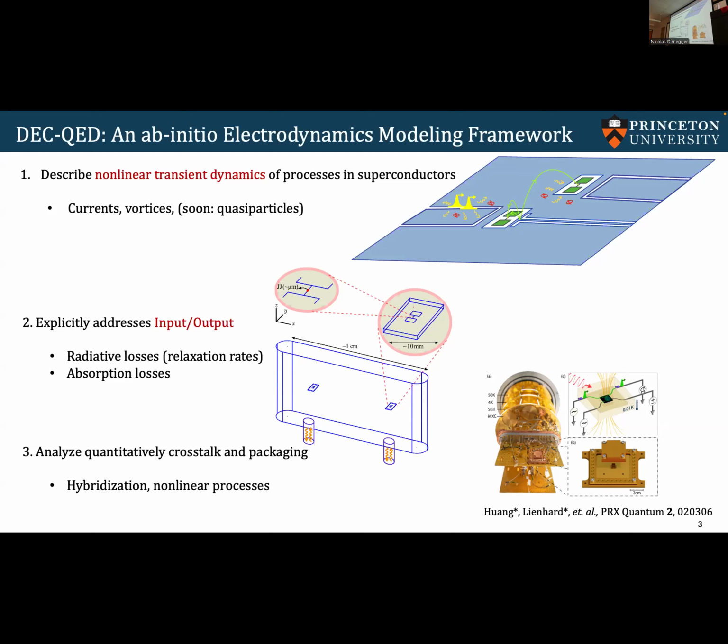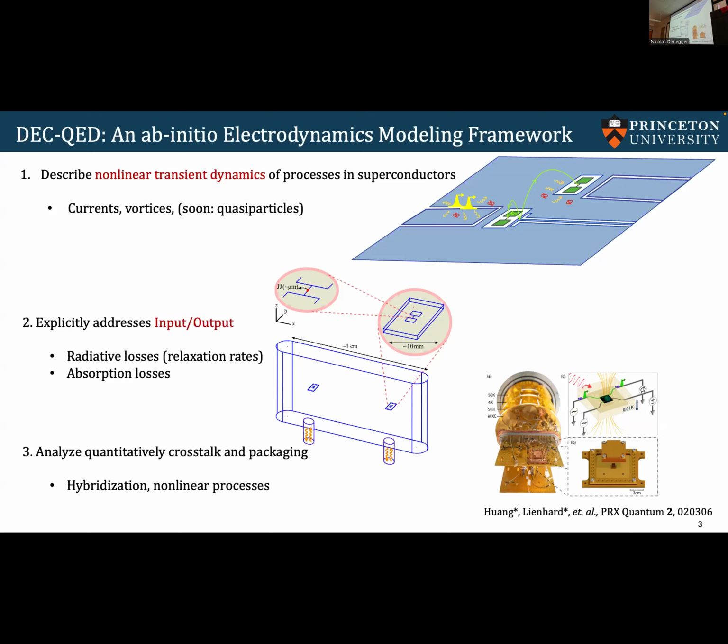The issues we hope to tackle with our scheme include, first of all, modeling nonlinear transient dynamics in devices. This could be anything, for example the response of the materials to traveling microwave pulses, or the dynamics of vortices and quasiparticles, all of which are nonlinear processes happening inside the materials.